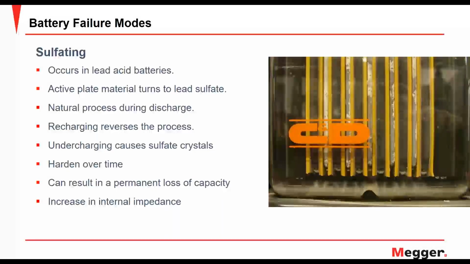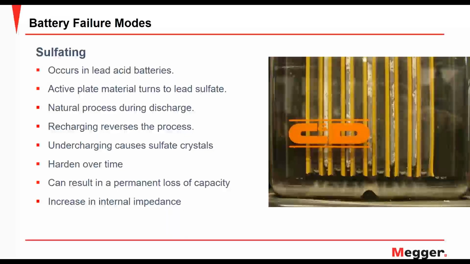But the very important thing is that if you don't charge fully, some sulfate crystals could form, and if kept under charge for some period of time, these crystals can harden over time and result in a permanent loss of capacity. The good thing is, if this happens, you can detect it by an increase in internal impedance. And there is a mode of operating or charging the battery called boosting mode.